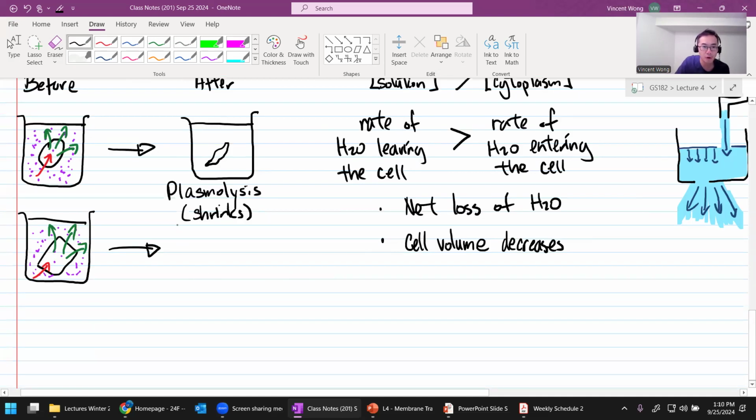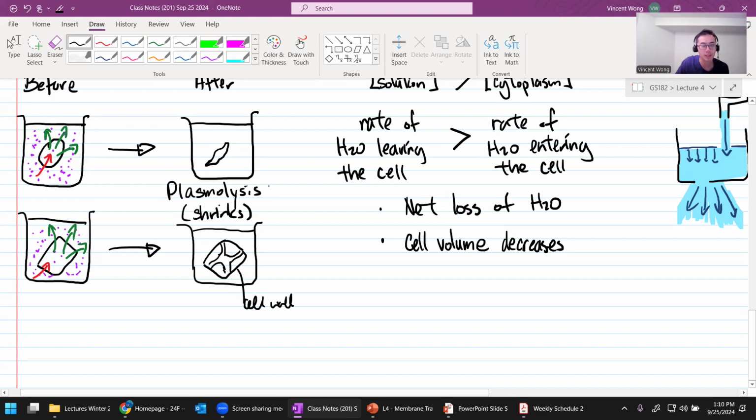Same thing for the plant. It's going to shrink, but the cell wall is not going to shrink. But the cell membrane is going to pull away from the cell wall, and your plant cell is all shriveled up on the inside like that. So that's the cell wall.